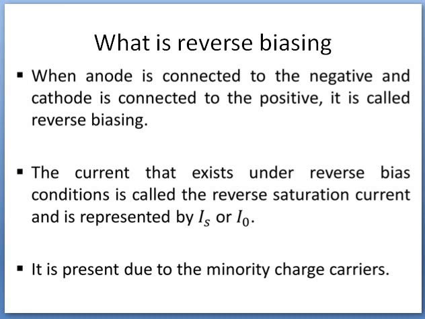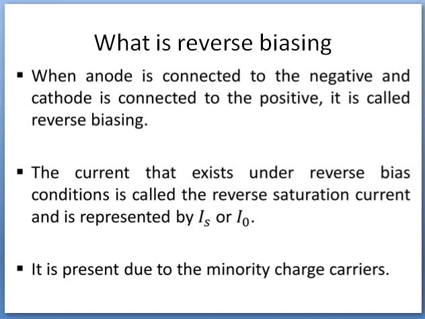The anode is connected to the negative, the cathode is connected to the positive, and under such conditions, ideally the diode is supposed to be an open circuit, but there is some nominal current which is called the reverse saturation current. It is generally represented by Is or I naught, and the main cause of this current is minority charge carriers stuck up in the P and N regions.